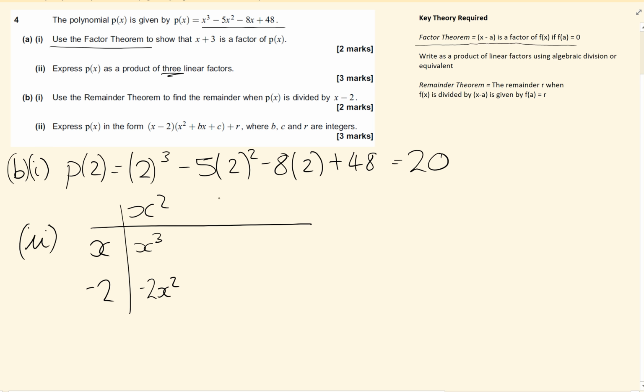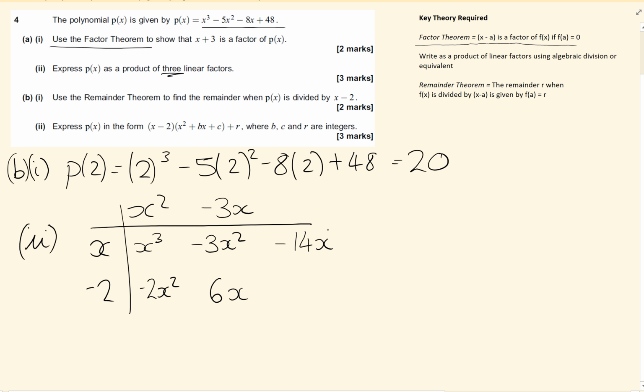Do I want minus 2x squared? No, I want minus 5x squared, so I'm going to take away another 3x squared from here, leaving me minus 3x, because minus 3x times x is minus 3x squared. Multiply these two together, I get positive 6x. I want minus 8x, so I'm going to be taking away 14x more.